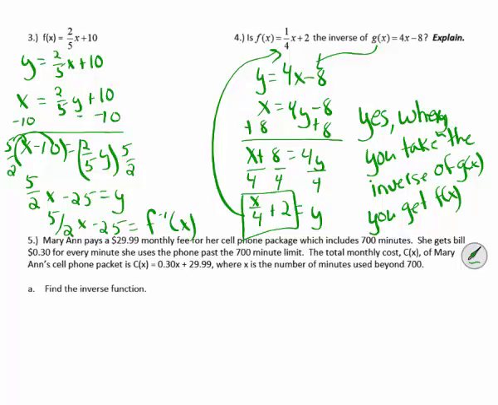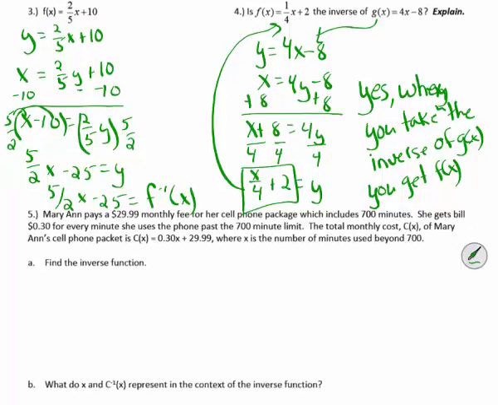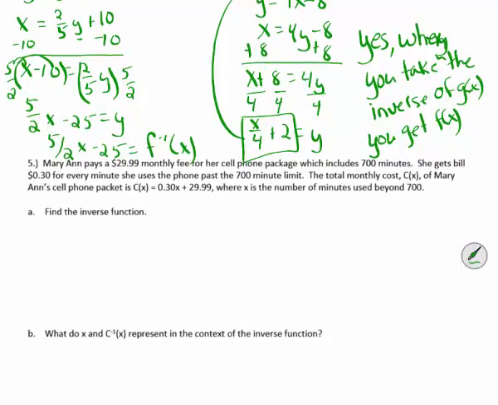Okay, here's one now in a word problem. Marianne pays a $29.99 monthly fee for her cell phone package, which includes 700 minutes. She gets billed 30 cents for every minute she uses the phone past the 700. The total monthly cost, which they're writing as a function, c of x, of Marianne's cell phone packet is c of x equals 0.30x plus 29.99, where x is the number of minutes beyond 700. Find the inverse. So I'm going to take out c of x, I'm going to put in y.